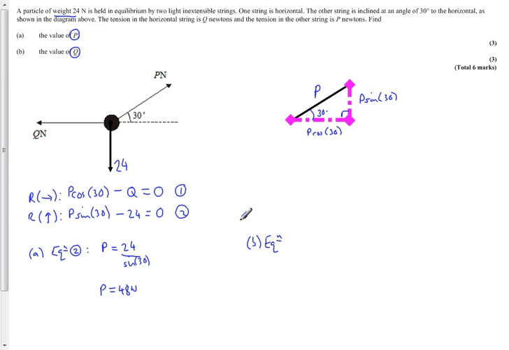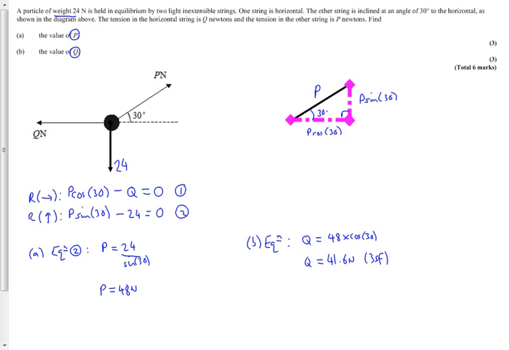We've got the value of P now, so we can rearrange, and we find that Q is equal to 48 cos 30, so using the answer button on our calculator, 48 times cosine 30, and therefore Q is equal to 41.6 newtons, and let's round that to 3 significant figures. And therefore we're done. Easy.